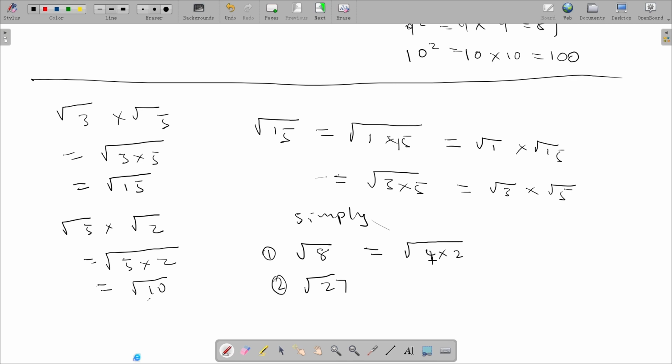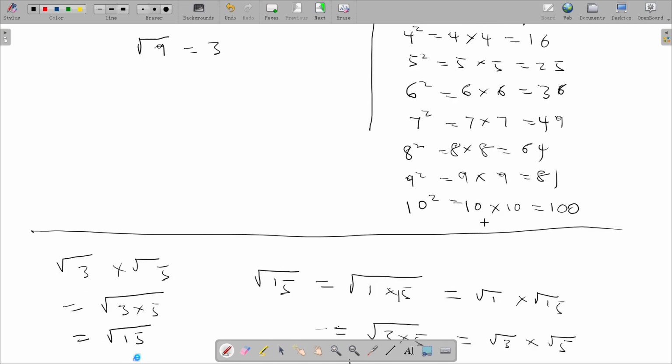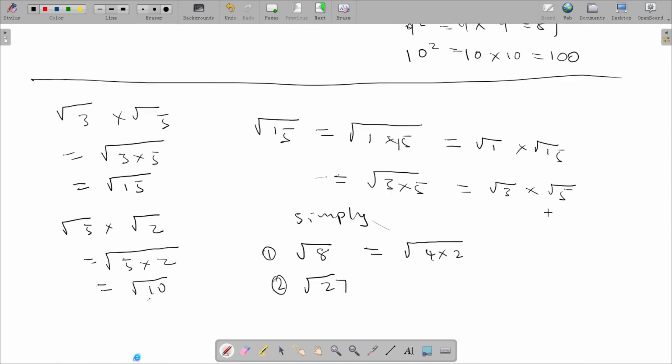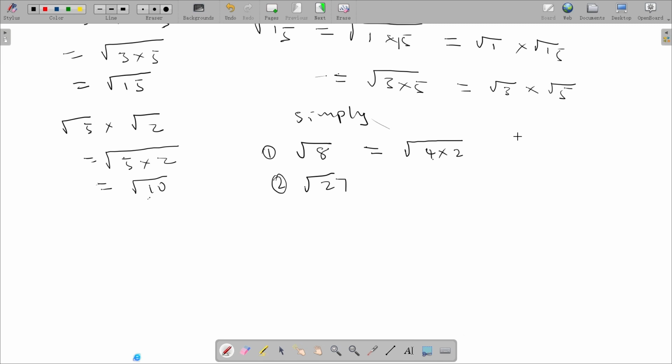We do know that 4 is a factor of 8. At the same time, 4 is a square number. Let's go and check it out. Among the square numbers, we have 4 here. So 4 is also a square number. Let's continue.